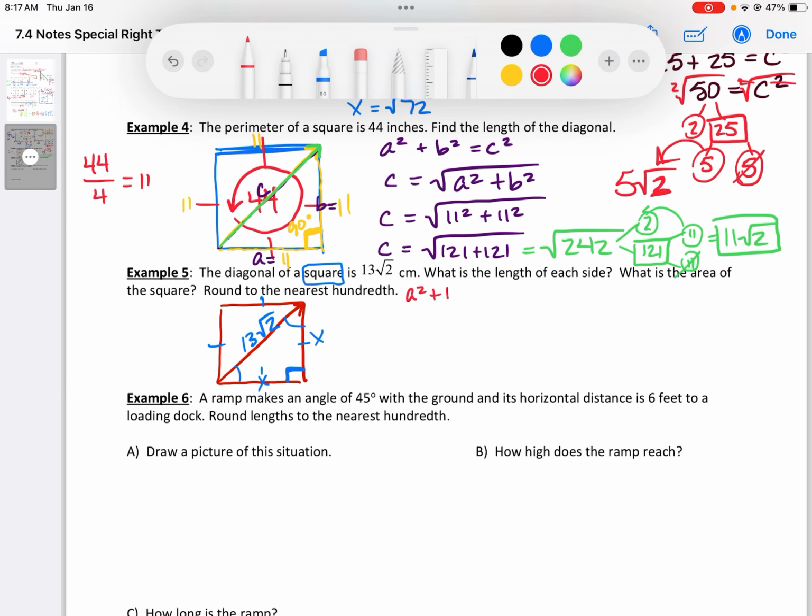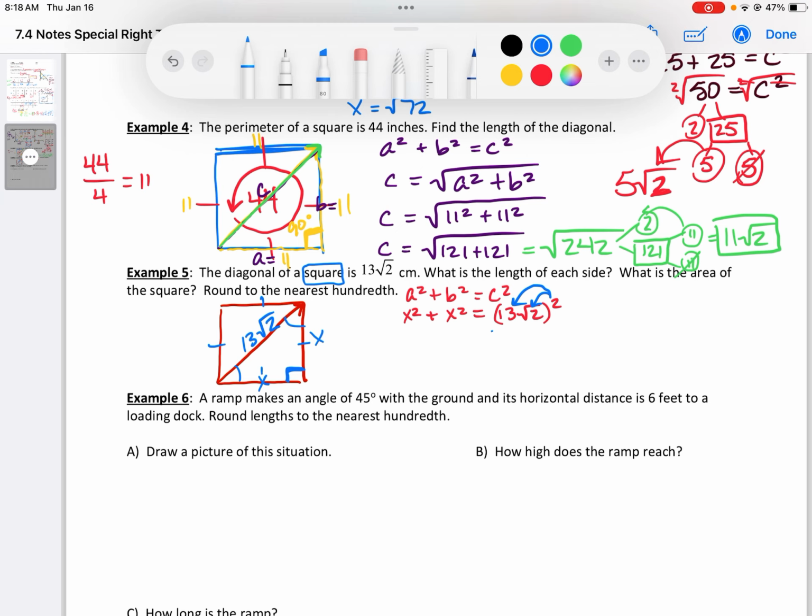So if we were to write out A squared plus B squared equals C squared, we would get that we don't know A, so we'll just call it X. We don't know B, but it's the same, so we'll also call it X. And then we have 13 times the square root of 2 squared. If I have a mixed radical that's squared, I actually end up distributing the exponent.